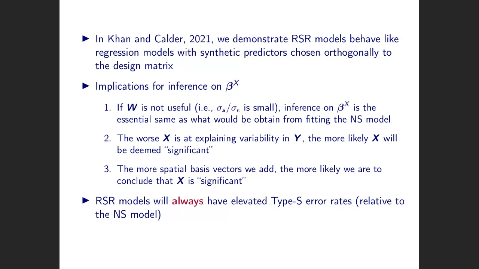In particular, RSR models will always have elevated type S error rates, the Bayesian analog to type 1 error rates, relative to the non-spatial model.